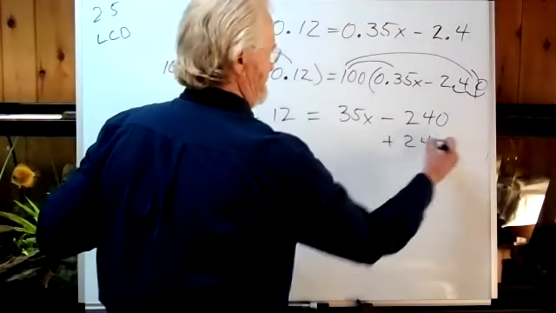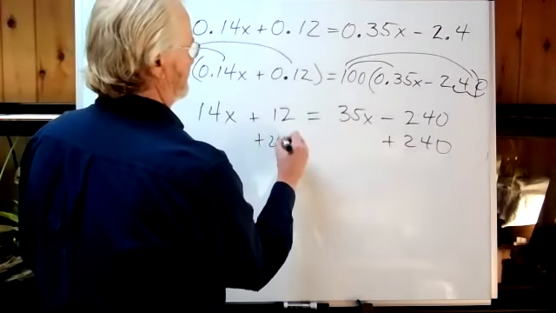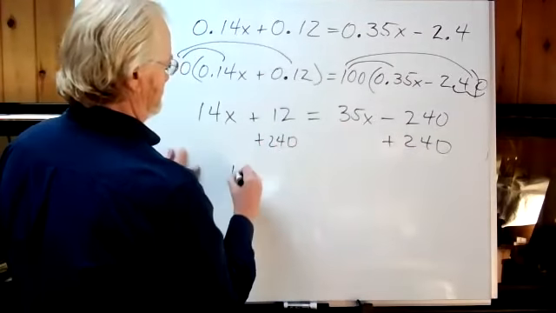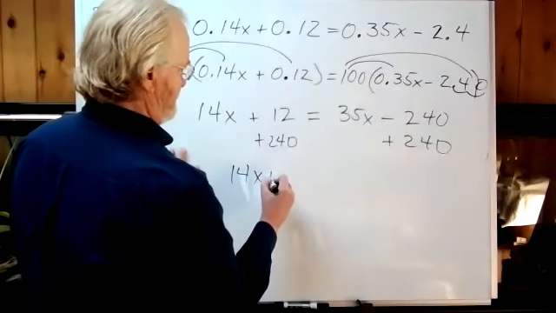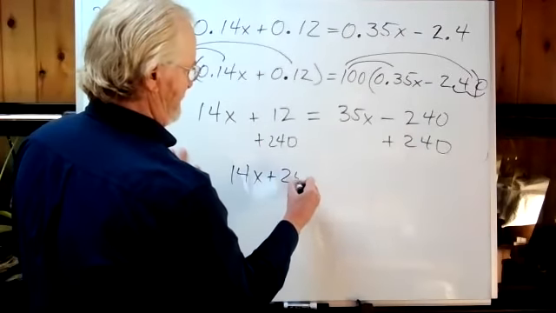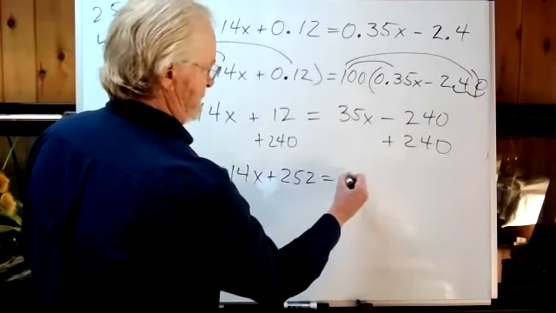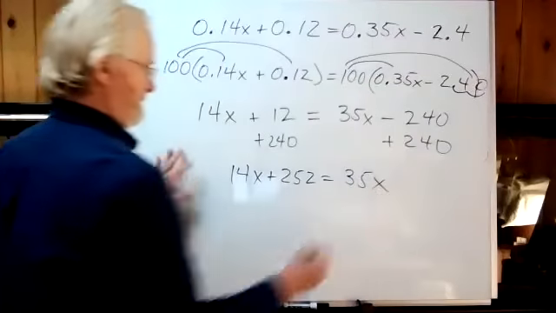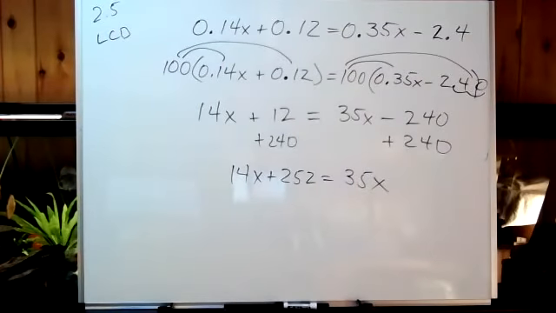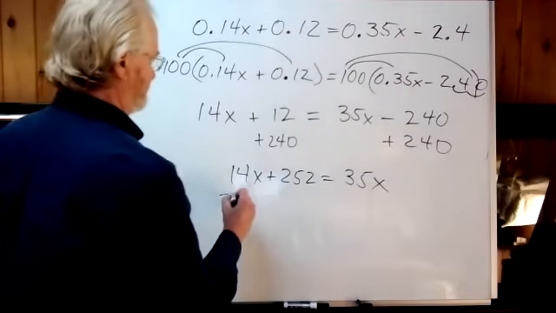How's this? I'm going to add 240. Just to do it the other way around, 252. So now I will subtract the x's.